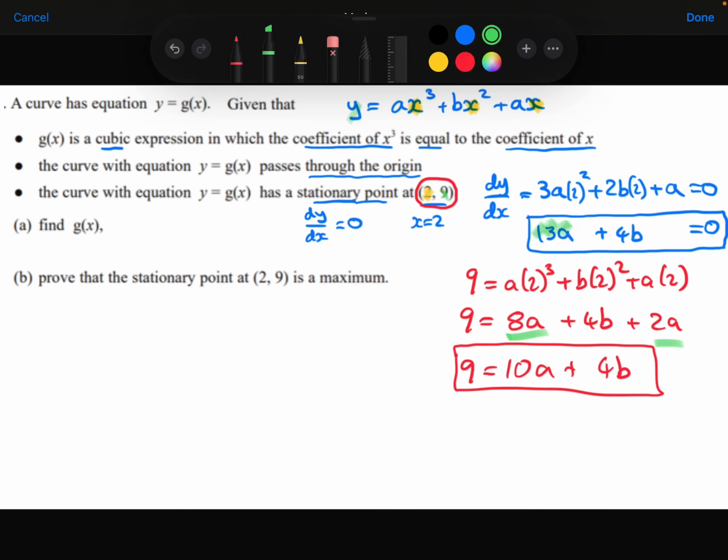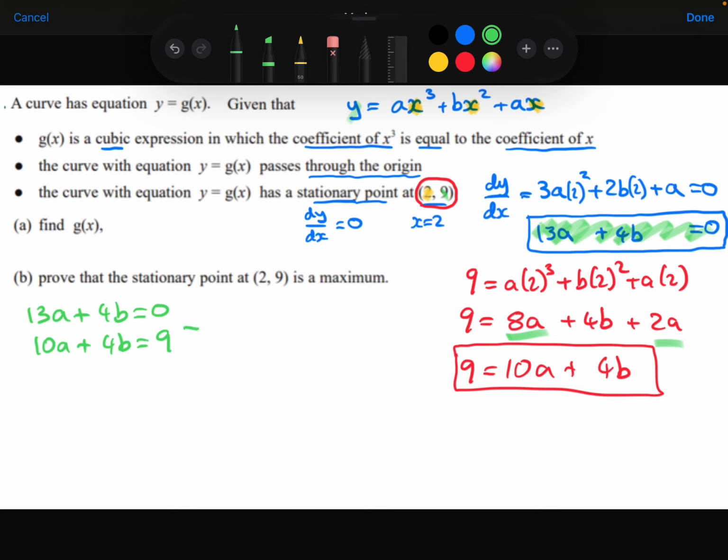I can now do simultaneous equations with these two equations to help me work out what a and b are. So let me do that. Let's copy that down over here. The first equation was 13a plus 4b equals 0. The second equation was 10a plus 4b equals 9.